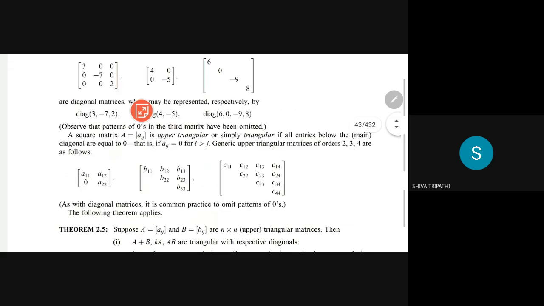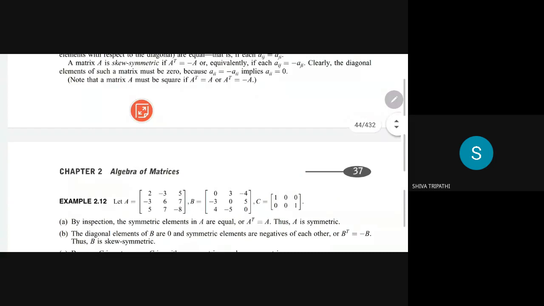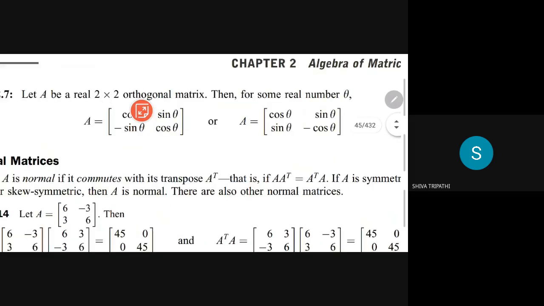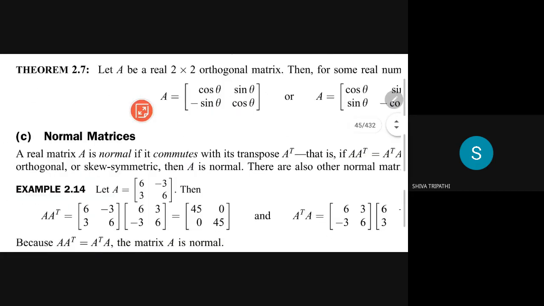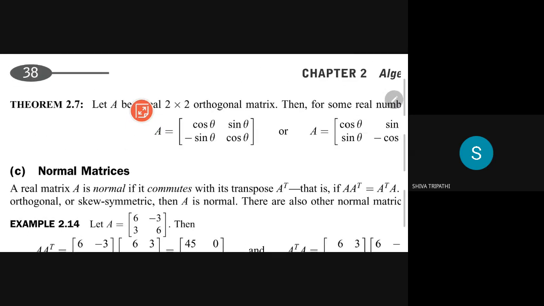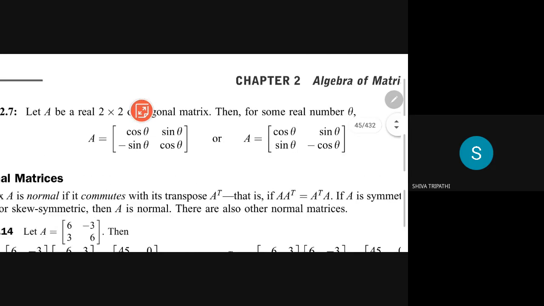Yes, here you will find that question. Yes, it came. Let A be a 2 by 2 orthogonal matrix, then for some real number theta, A is equal to this or A is equal to this. You have to make use of this idea. I am looking for this actually.